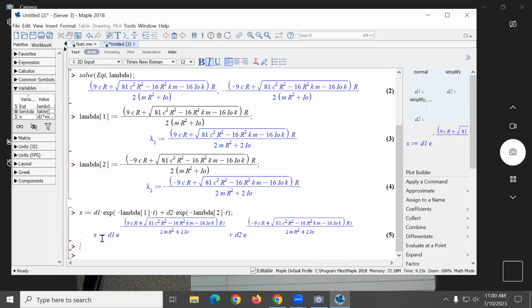Now, what do we need in order to find D1 and D2? We need to apply the two initial conditions.